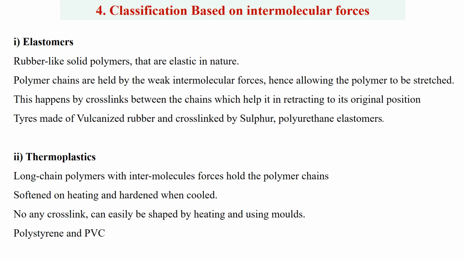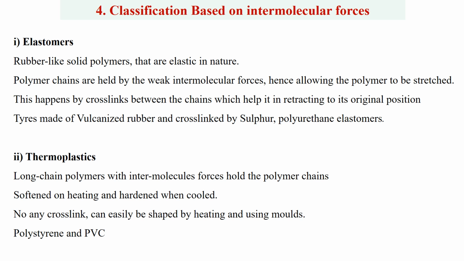A common example is tires of automobiles, which are made of vulcanized rubber cross-linked with sulfur. Another example is polyurethane elastomer, which is of tremendous importance in industry, and thousands of research papers are being published on polyurethane elastomers.